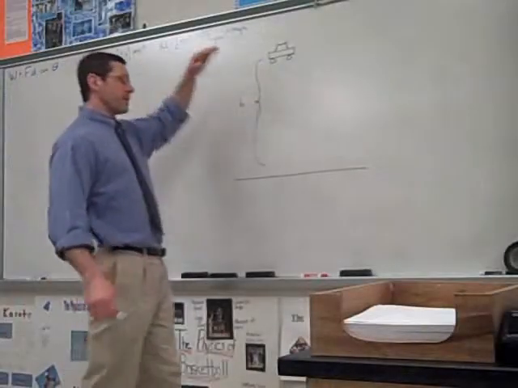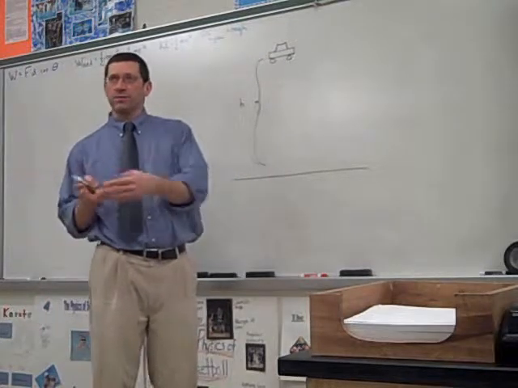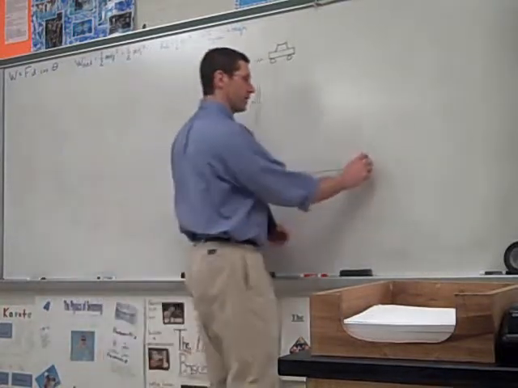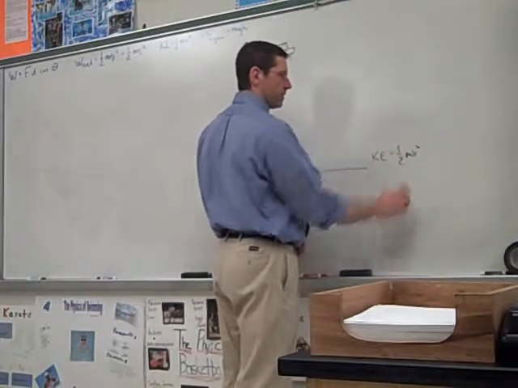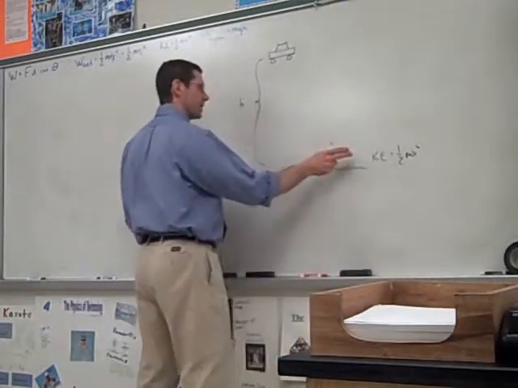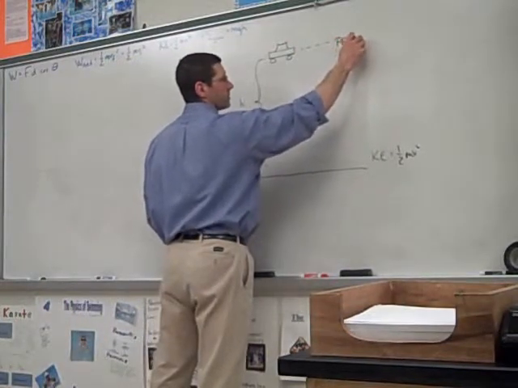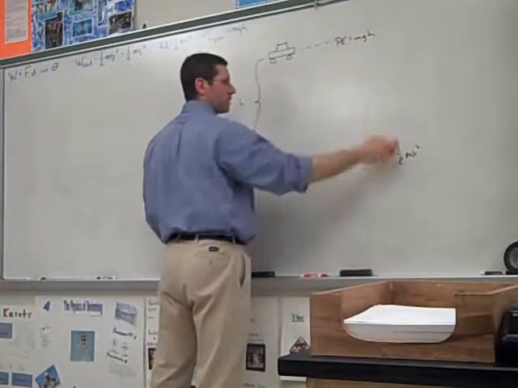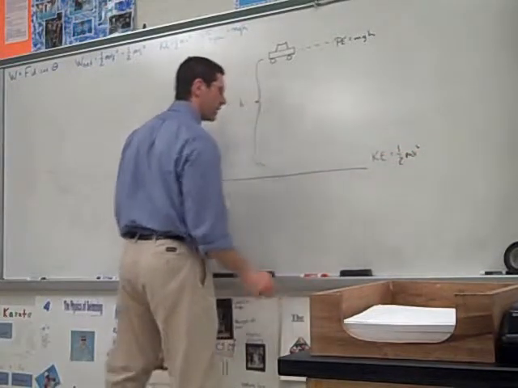Now, we know that we need to have a certain amount of kinetic energy at the bottom in order to have the speed we want, right? And kinetic energy is 1/2 mv squared. And we know that it's going to get its kinetic energy from its potential energy, which is mgh. So this needs to equal this. So all we need to do is find how much kinetic energy when it's moving at that speed.